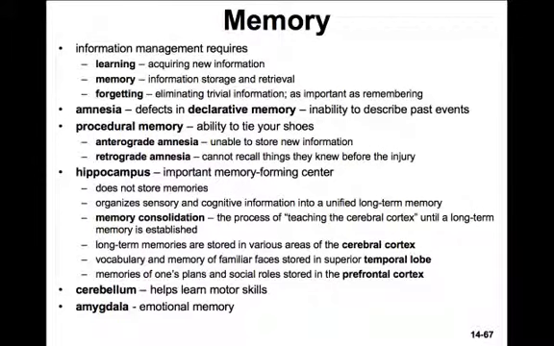Vocabulary and memory of familiar faces, for example, is stored in the superior temporal lobe, whereas memories of one's plans and social roles is stored in the prefrontal cortex. The cerebellum helps us learn motor skills, and the amygdala helps us learn emotional memories.